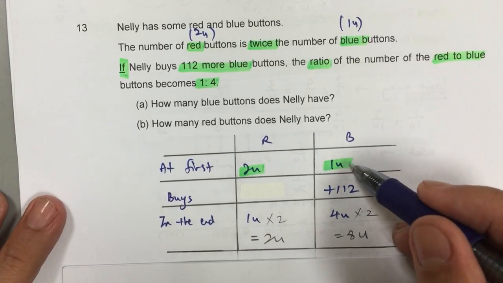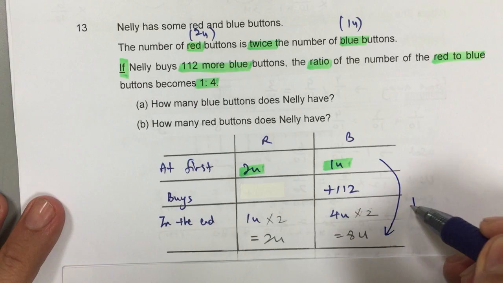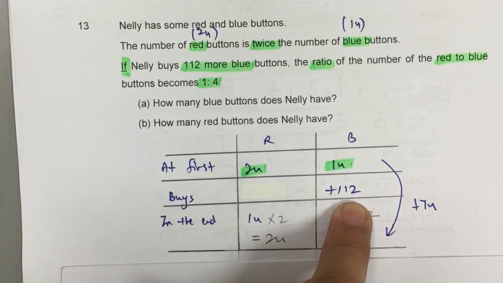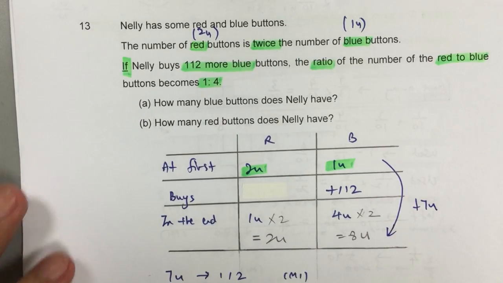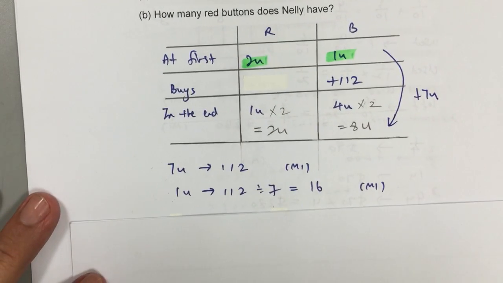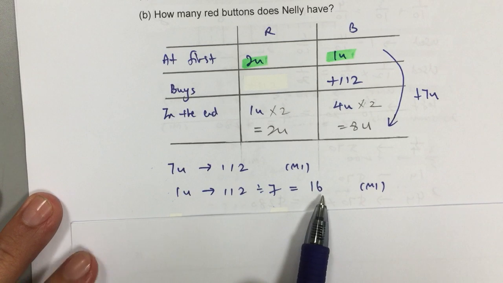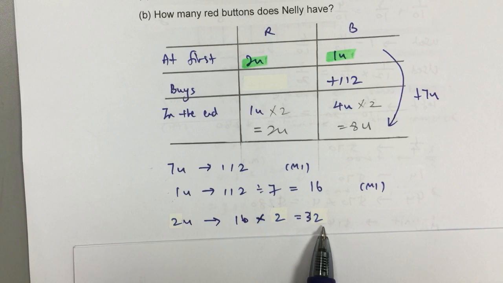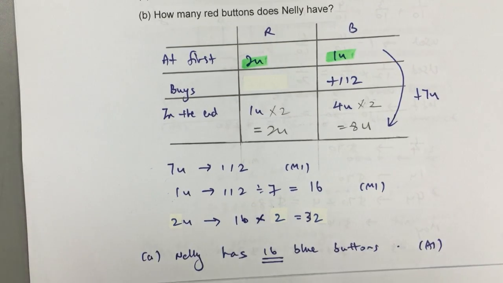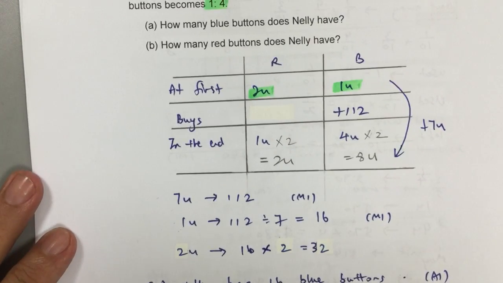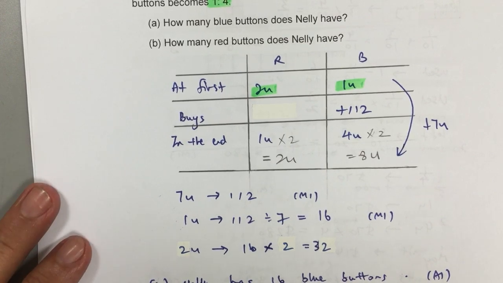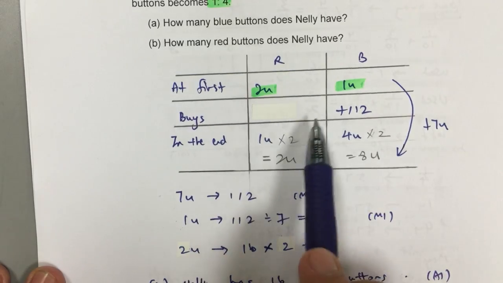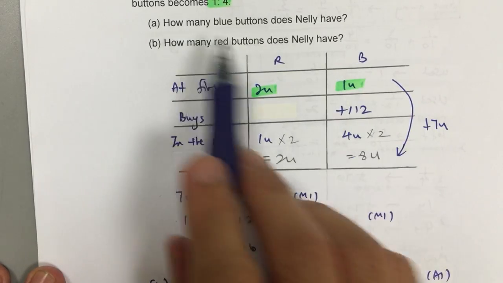So you can see from here, 1 unit becomes 8 units, I plus 7 units. So this 7 units must equal the amount bought for the blue button, 112. So therefore I work out 1 unit is 16, 2 units times 2. So from there, how many red buttons does Nelly have?